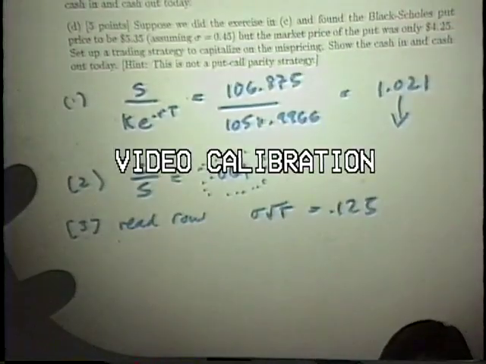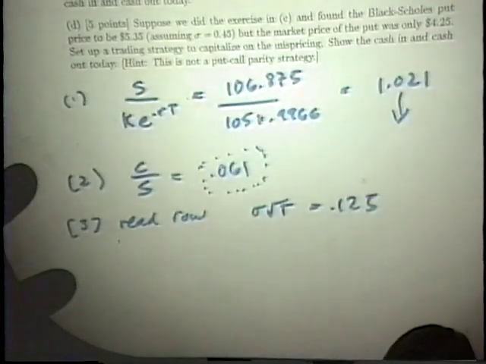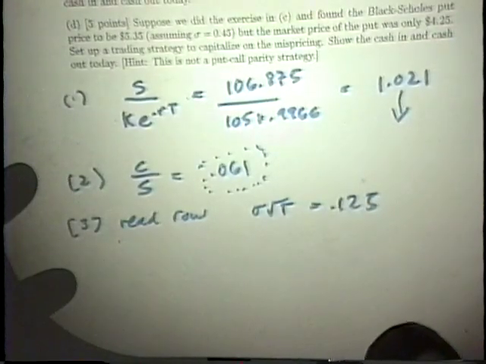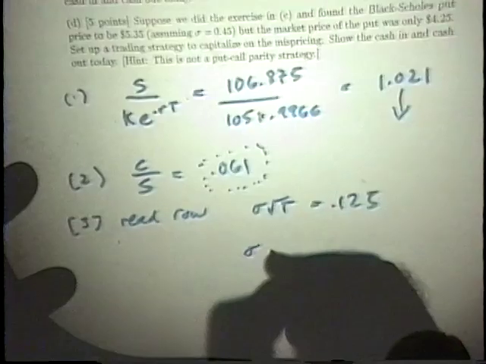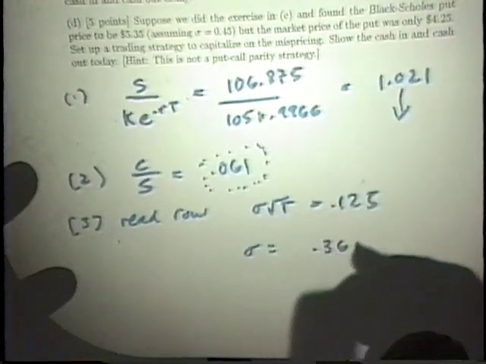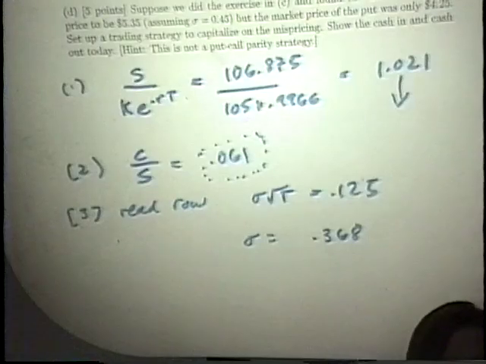I'll tell you what T is. T is 42 days. So T is going to be 42 divided by 365. Solve for sigma. And I think it's 0.368. That's the implied volatility.